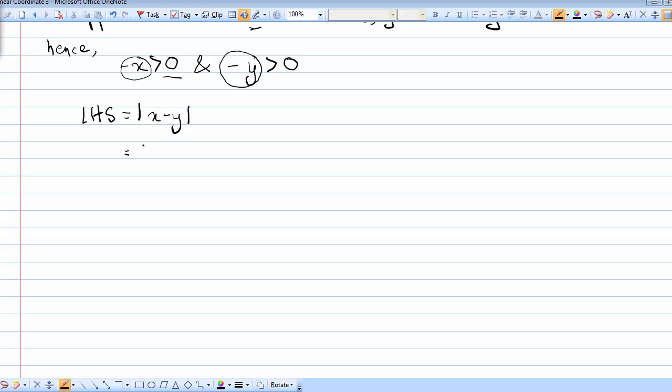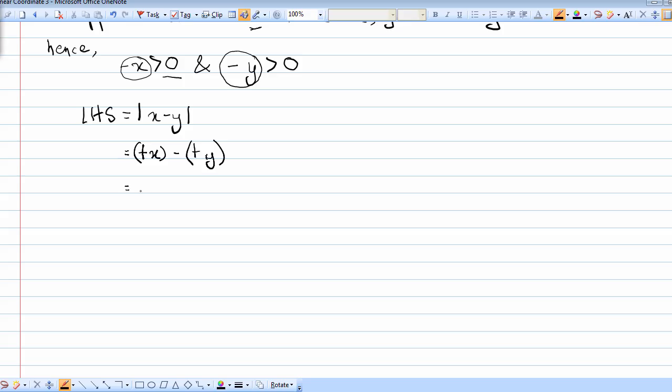So we are now going to apply positive x, and we are going to apply positive y, and this means that we are now referring to all the positive values lying on the positive side of the real number line, and we are also referring to the positive y values lying on the positive side of the real number line.